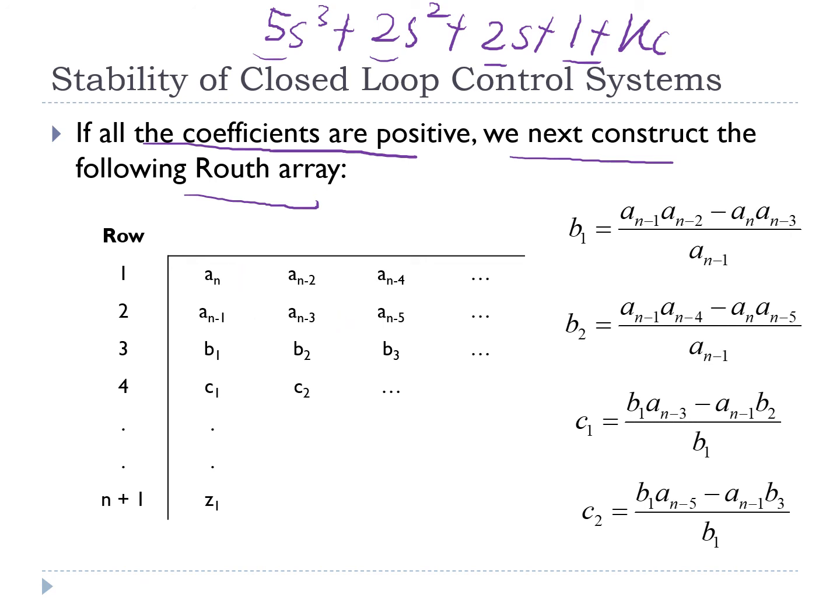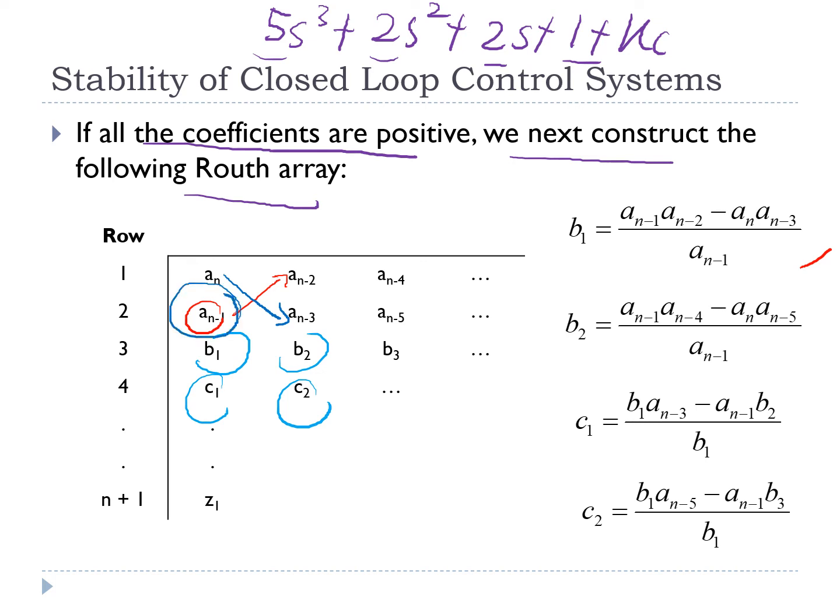And next you can calculate what is B1, C1, B2, and C2. B1 is given by this equation, where B1 equal to an minus 1 times an minus 2, minus an times an minus 3, divided by an minus 1.